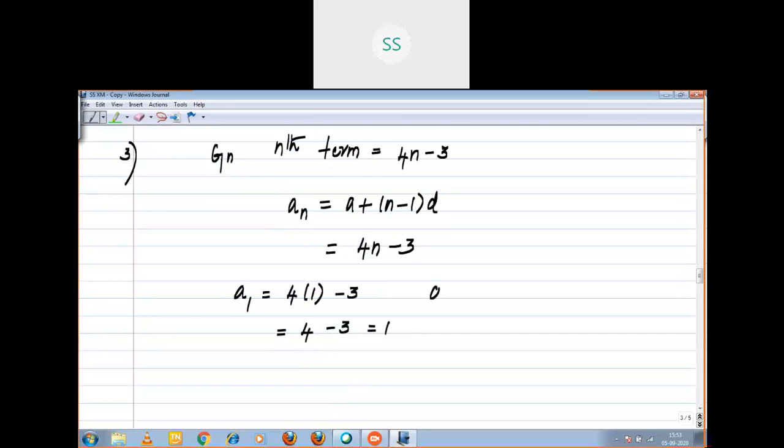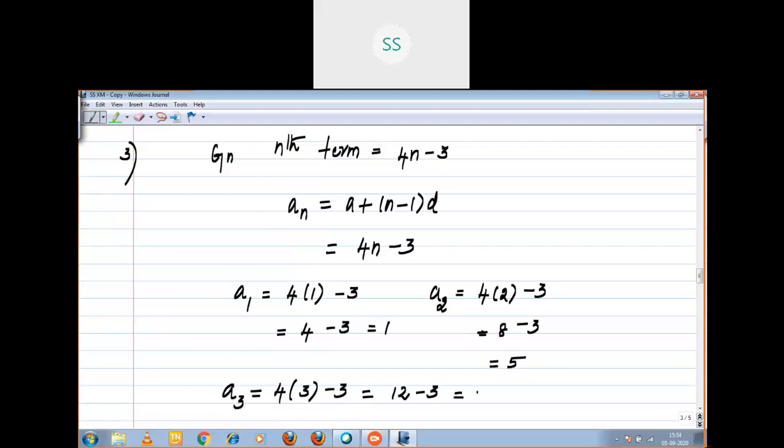Second term, a2 equals 4 into 2 minus 3, 8 minus 3, which is equal to 5. n should be replaced by 1, 2, 3, like that. It is a natural number only, right? a3 equals 4 into 3 minus 3, which is 12 minus 3, 9.